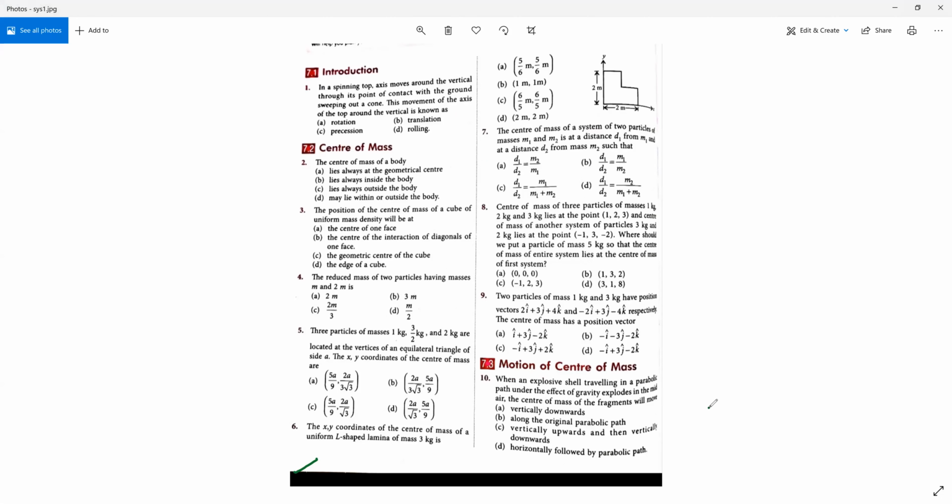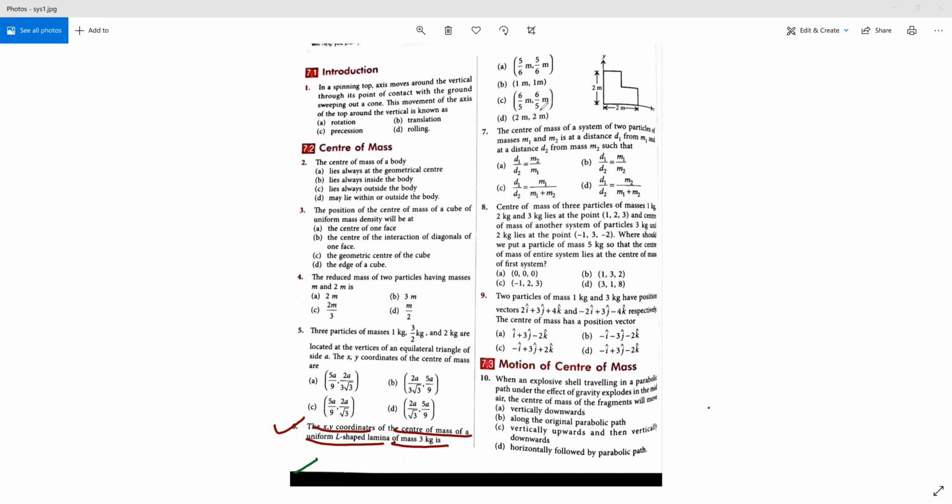So let us solve the next one, that is the sixth one. The X and Y coordinates of the center of mass of a uniform L-shaped lamina of mass 3 kg is. They have given the lamina shape in the diagram here.